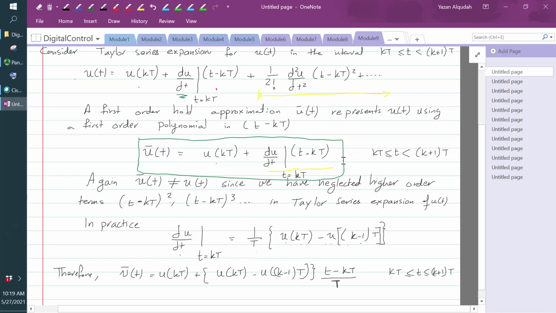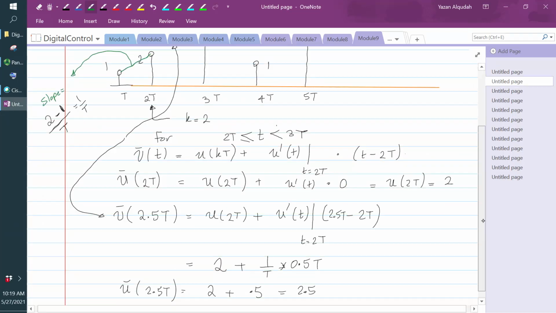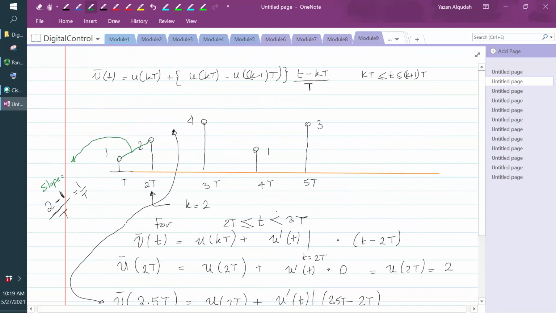And therefore, I can estimate u of t to get u bar of t, and it's going to equal u of kT plus this derivative, which is u of kT minus u of (k minus 1)T, divided by capital T, multiplied by t minus kT. This T is coming from here. Okay, I hope this is clear, but nevertheless, let's look at an example to make it even more clear.